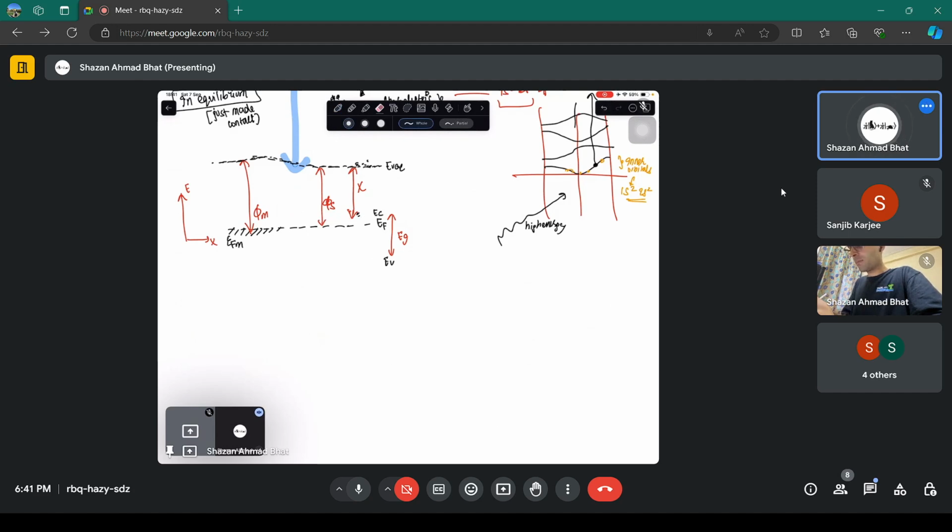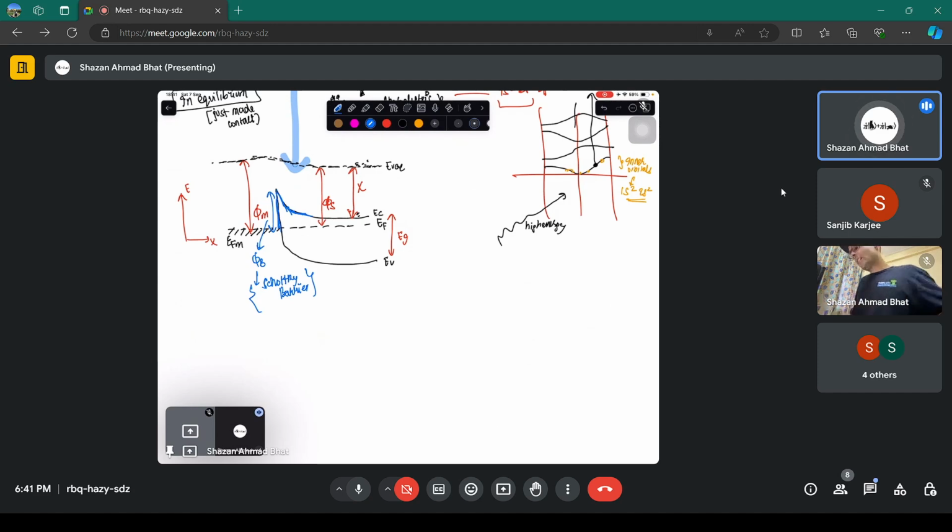This particular barrier has been given a name. It's called phi b. It's called the Schottky barrier.